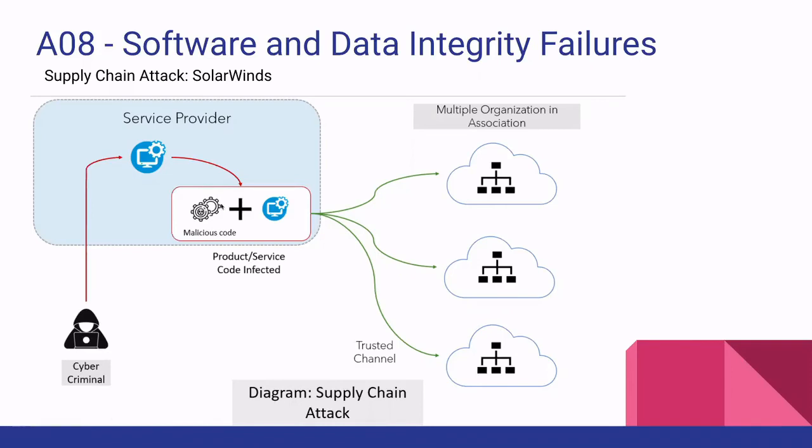Now this particular provider, SolarWinds, supplies this product to more than 18,000 organizations across different countries. A group of cyber criminals, and they say that this was a nation-state sponsored attack, meaning that some government probably funded this, or a group of hackers found a vulnerability here.